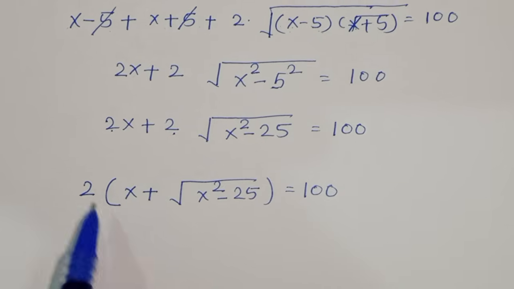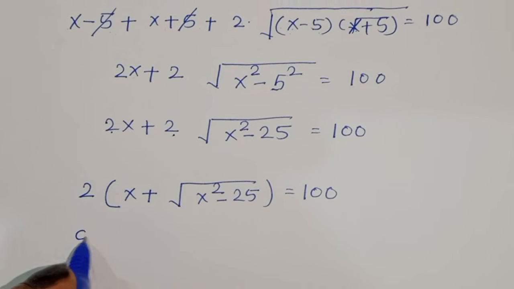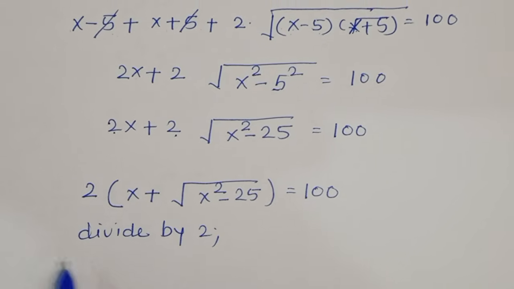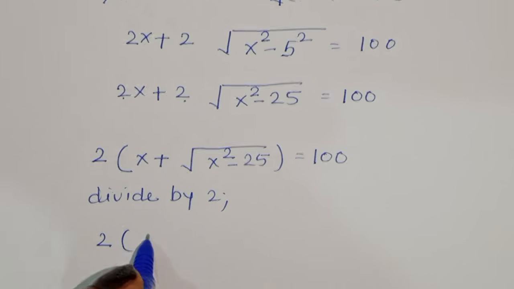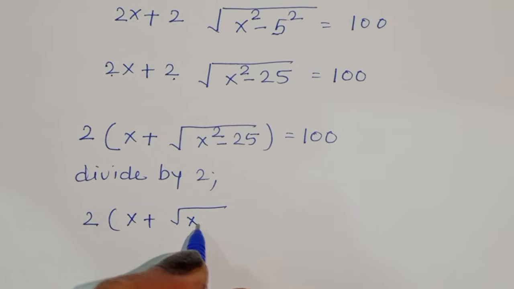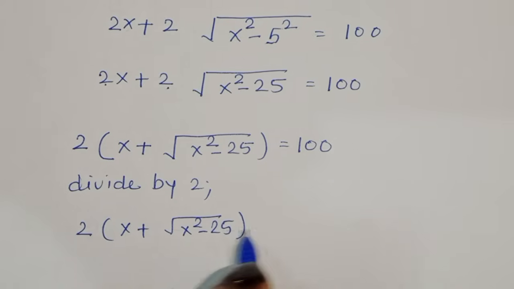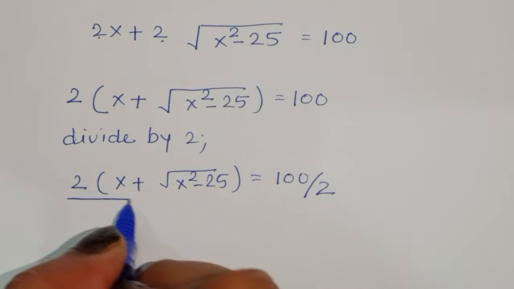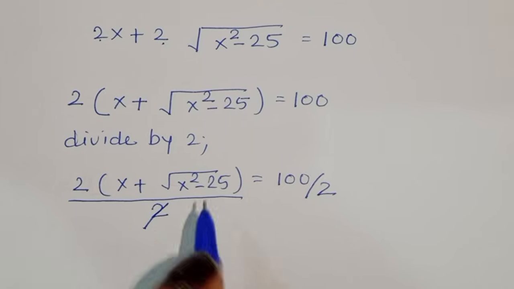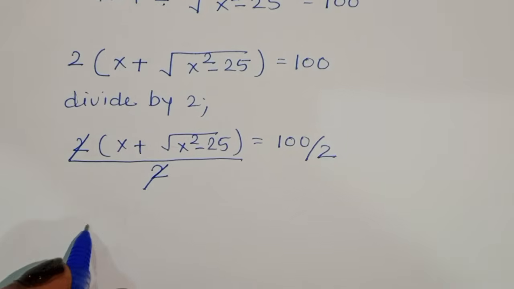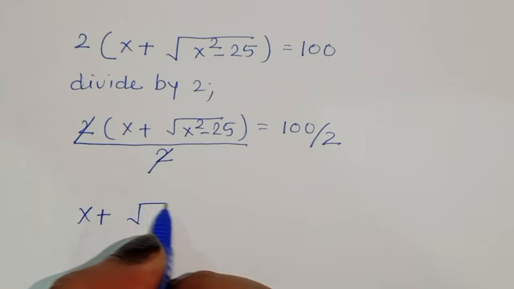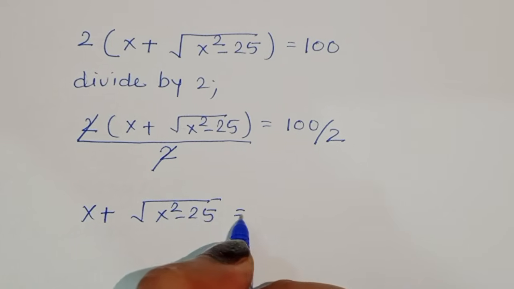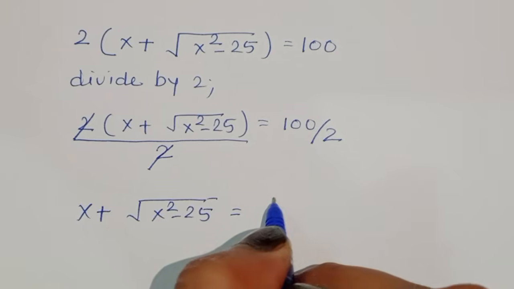Now we have to cancel this 2, so we divide by 2 on both sides. 2 is cancelled from 2, and we get x plus square root of x square minus 25 is equal to 100 divided by 2, which becomes 50.